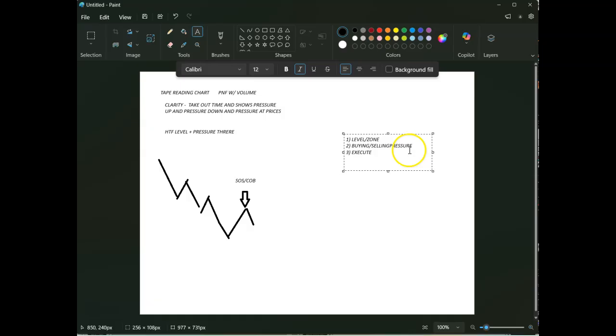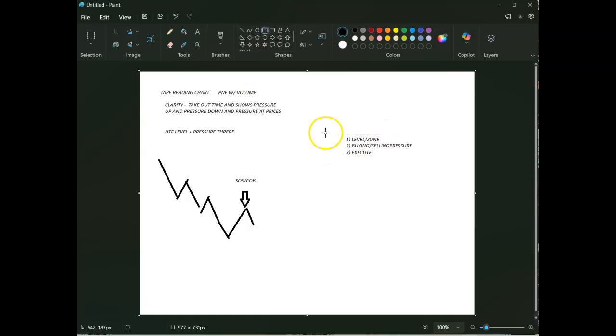Now, however it is that you execute is up to you, but this is basically it. That's trading. You have a level or a zone that you want to get in at, and you wait for price to go to it. Then you have buying or selling pressure, and you execute with risk management, and you're going to win a lot.